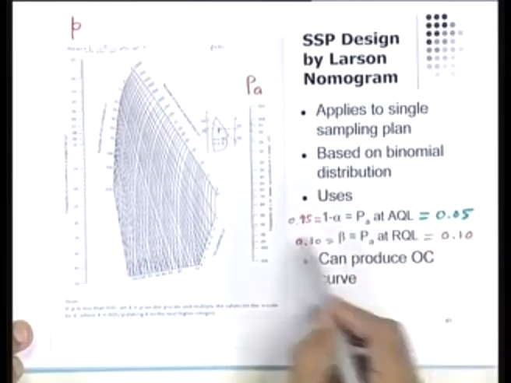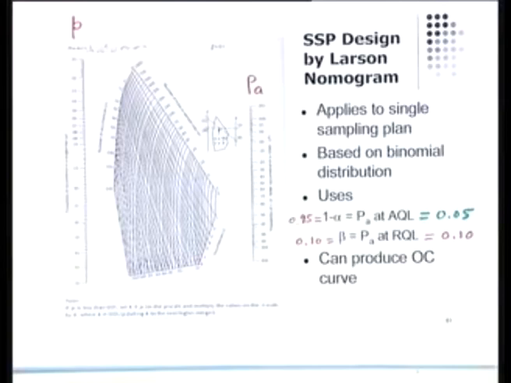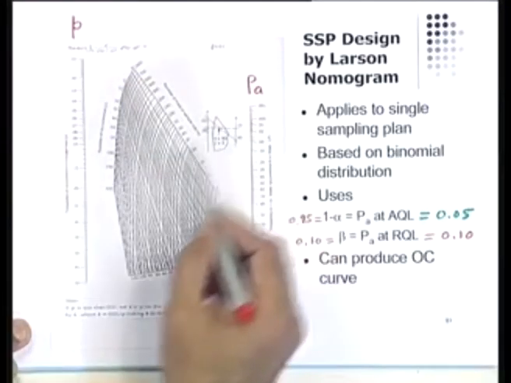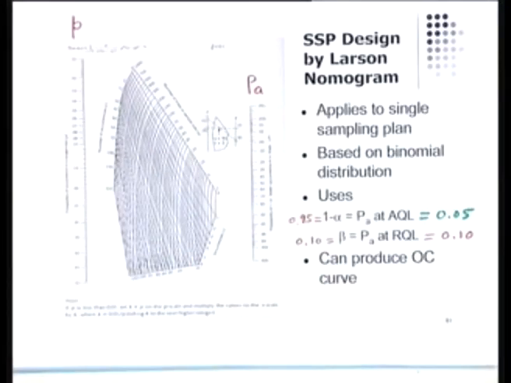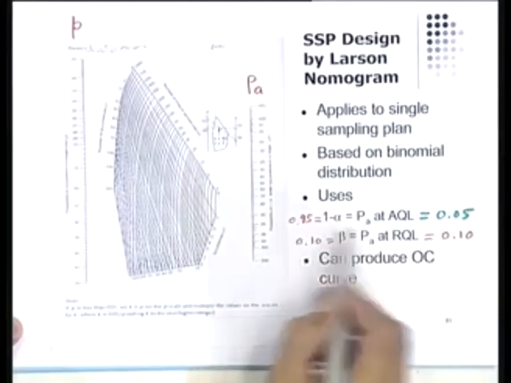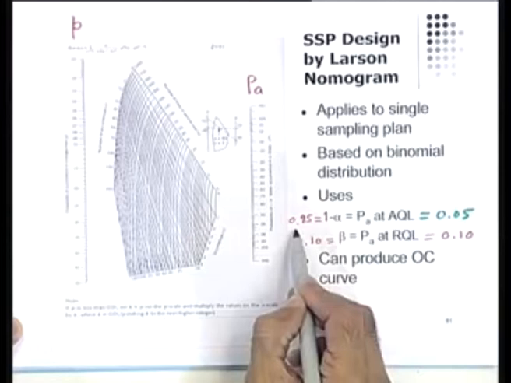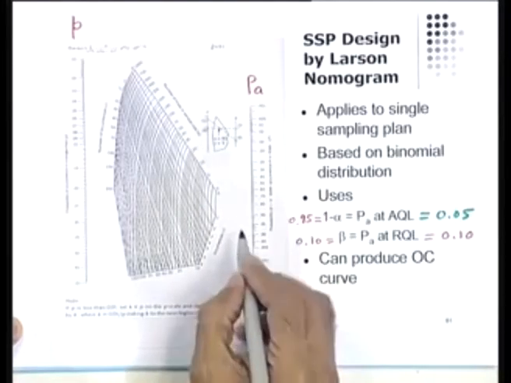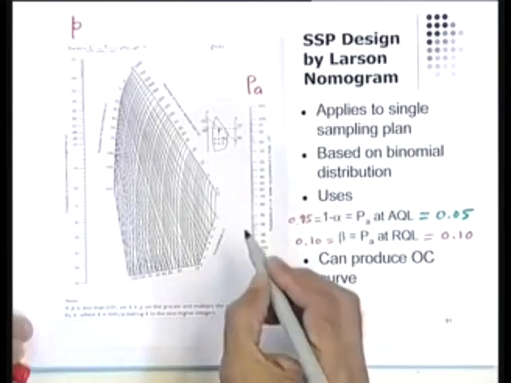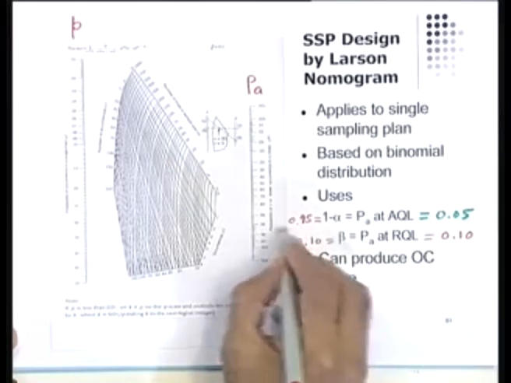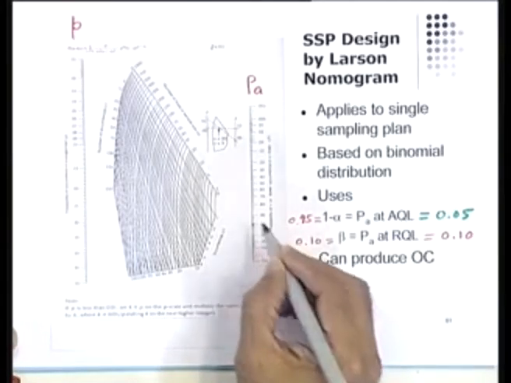So I have quantities now which are specific. All I have to do is draw two lines here that will take care of the two conditions which I showed you earlier. One is going to be true at AQL level, the other is going to be true at RQL level. So for AQL, what do I have to do? I have to look at the value of PA, that is 0.95. I'm going to put a small circle there. 0.95 is right there.